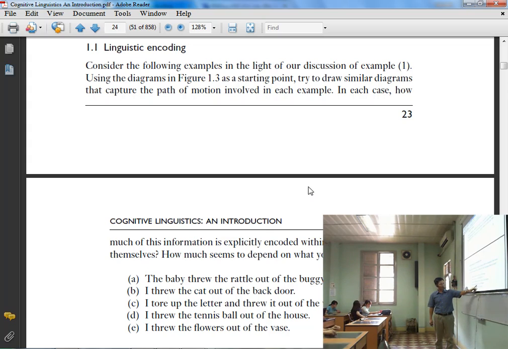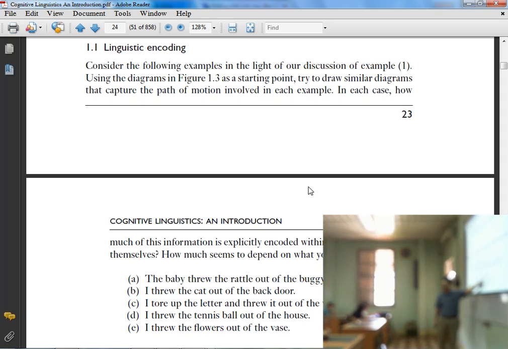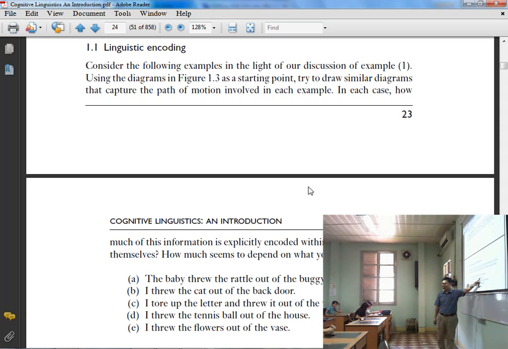Tôi ném quả banh tennis ra khỏi nhà. Rồi tôi ném con mèo ra khỏi cửa sau. Now that sounds a little bit strange. Okay. Tôi ném con mèo qua cửa sau. Right? That sounds better to your ears.